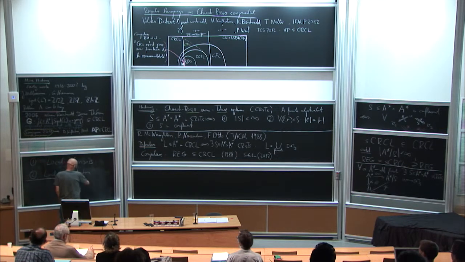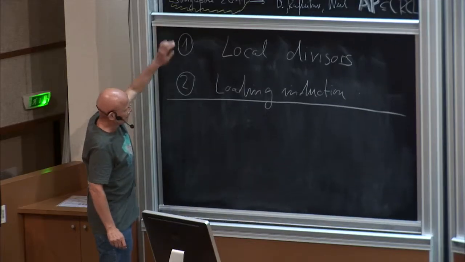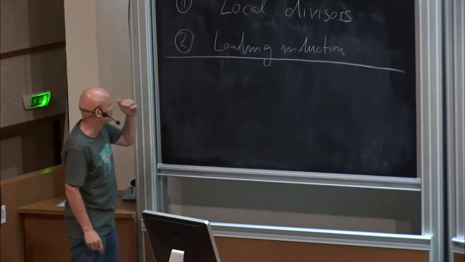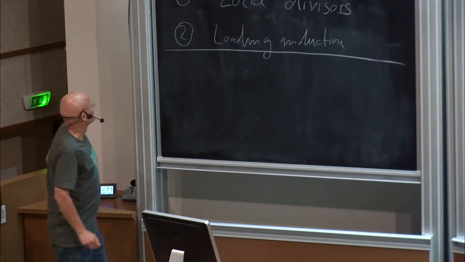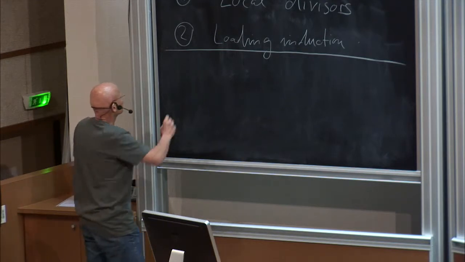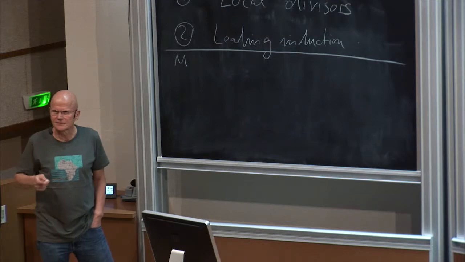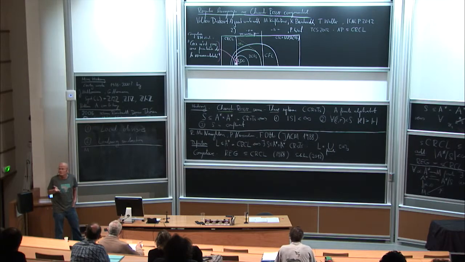Now I must explain to you what is a local divisor. So a local divisor is as follows. We start with a monoid M, which can be finite or infinite, but it's of interest only in the finite case.